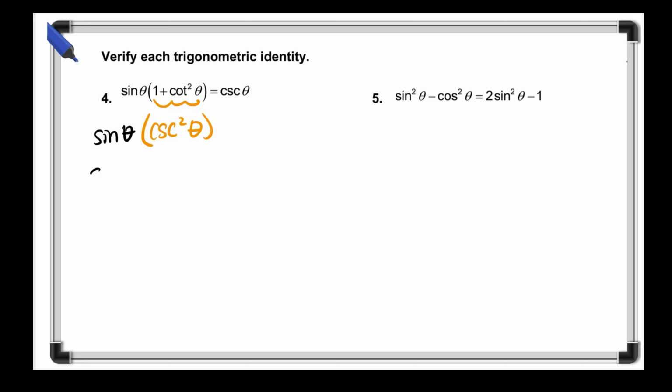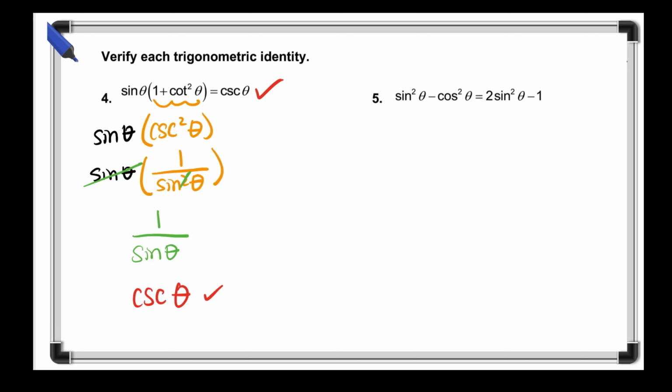Well, what I do know is that cosecant squared is the same thing as 1 over sine squared of theta. So I have 1 sine on the top, and then I have 1 on the bottom because I technically have 2 because it's a squared. So I have 1 over sine of theta, which I know is the same thing as cosecant, which is what I wanted.